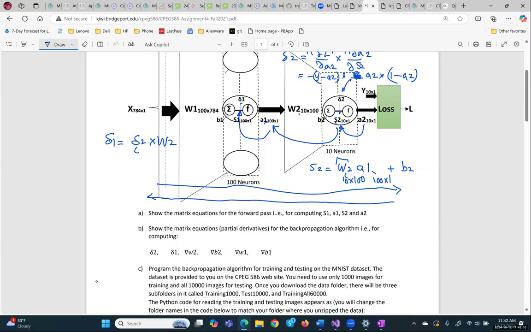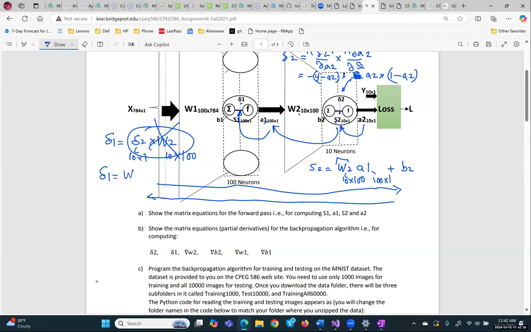So it is 10 by 1. What is W2? 10 by 100. Can I multiply these two together? No. So this is not right. So you can see this is incorrect. So what is the equation for delta 1 then?